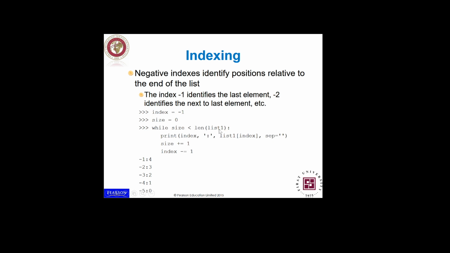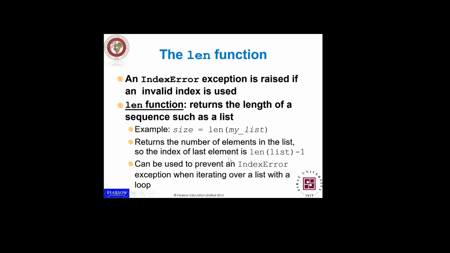As long as the size is not reached, if we iterate here, we can get all the elements of the list, and the presentation here will be from the end to the beginning. So index -1 represents the last element, -2 represents the one before the last, and so on. This is a bit unique to Python. You do not usually have such a thing in other programming languages.